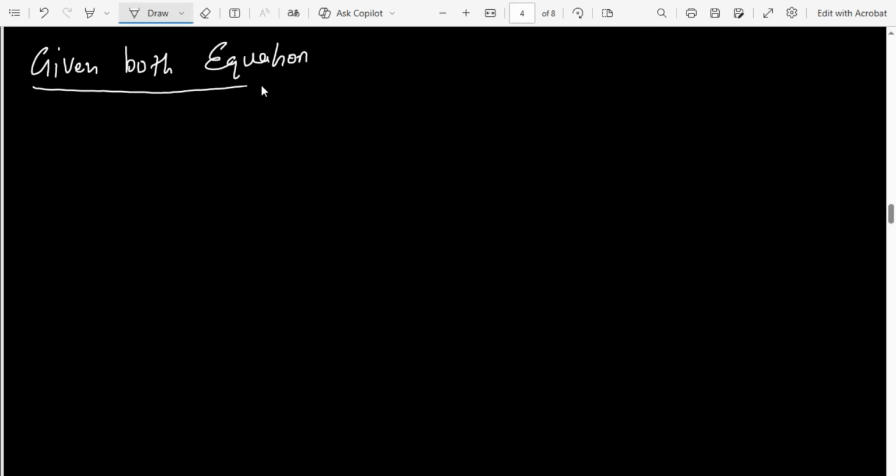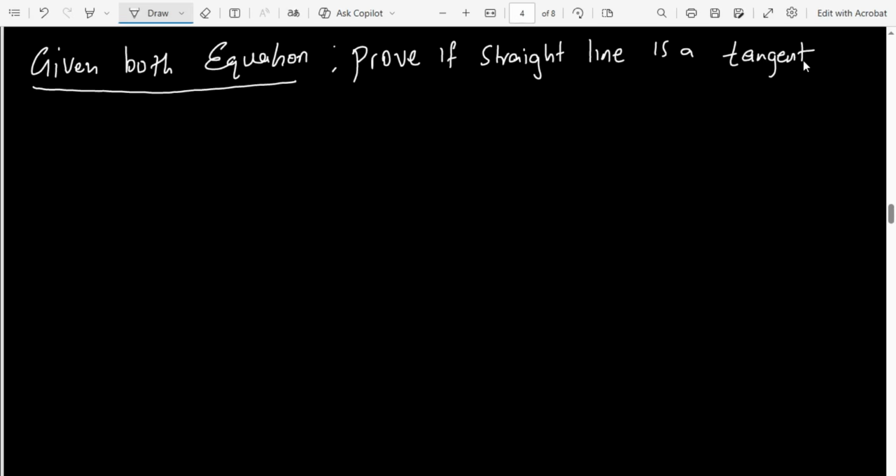You are given both equations and you need to prove if a straight line is a tangent to a circle. That's what we need to work on now.